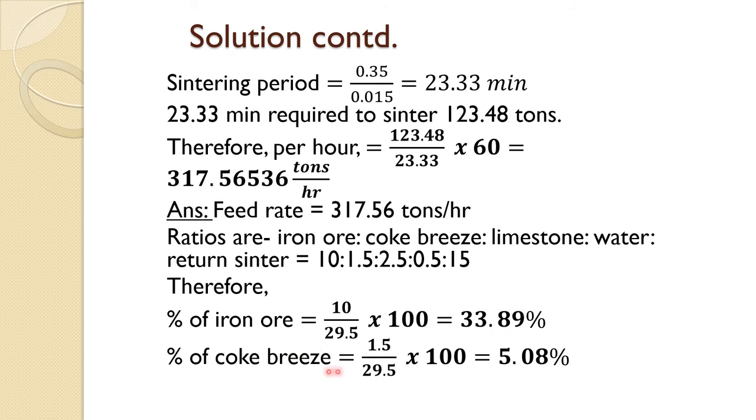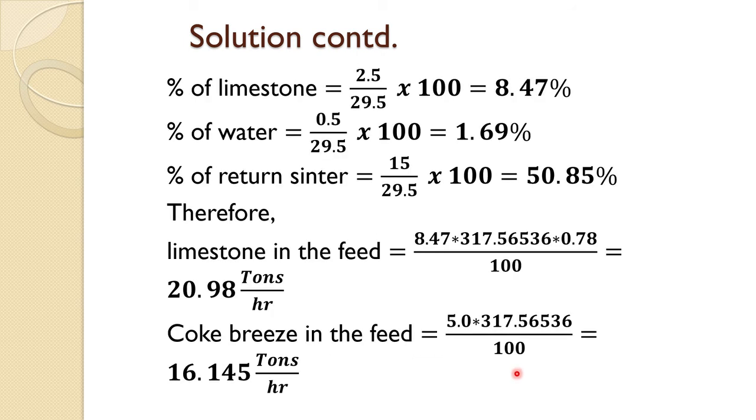Similarly, coke breeze would be 5%, limestone around 8.5%, water 1.7% and the sinter return about 51%. So, once we know this, then we can calculate the feed of limestone in the feed.